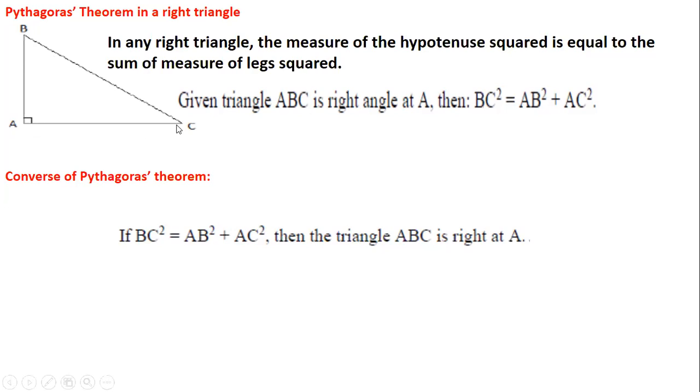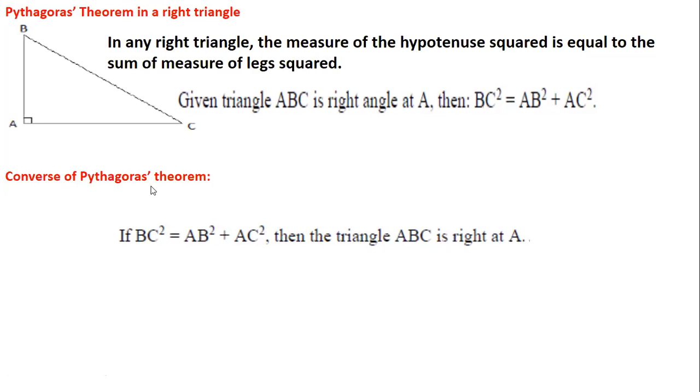What's the converse of the Pythagoras theorem? If you are given any triangle, I don't know it is right, I want to prove it is right. If I can prove that AB squared plus AC squared is equal to BC squared, then this triangle will be right at A.